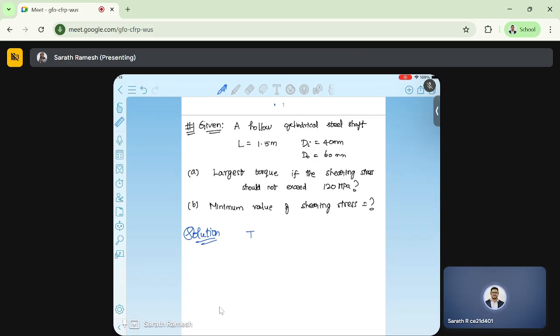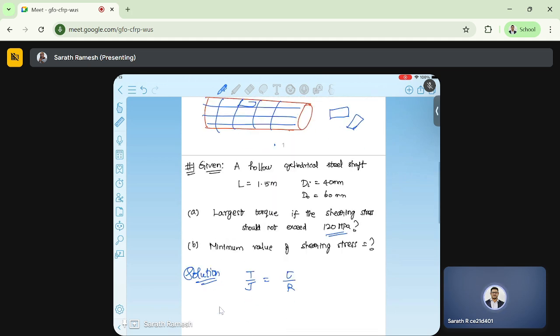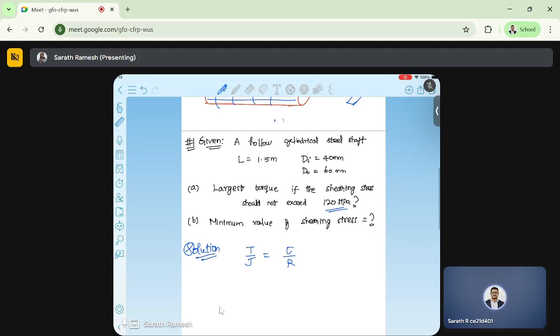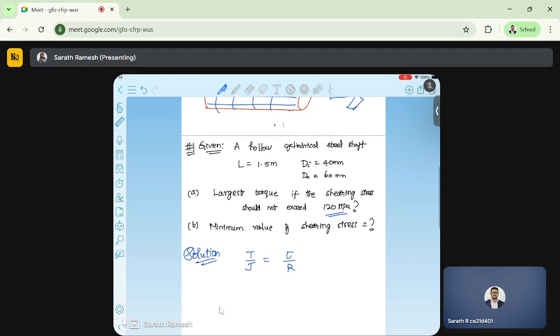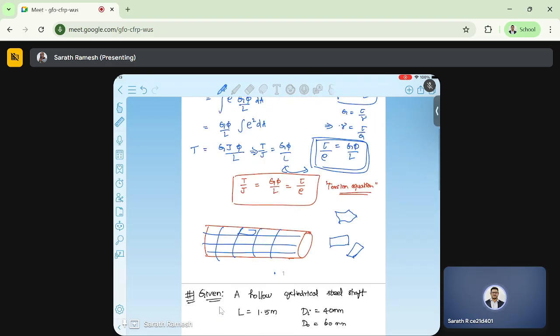So T by J equal to tau by r, right? So this we can use, and we know tau is given, the 120 megapascal, and rho is nothing but the radius of the shaft. The maximum shear stress will occur at the outer surface, and the minimum will occur at the center.